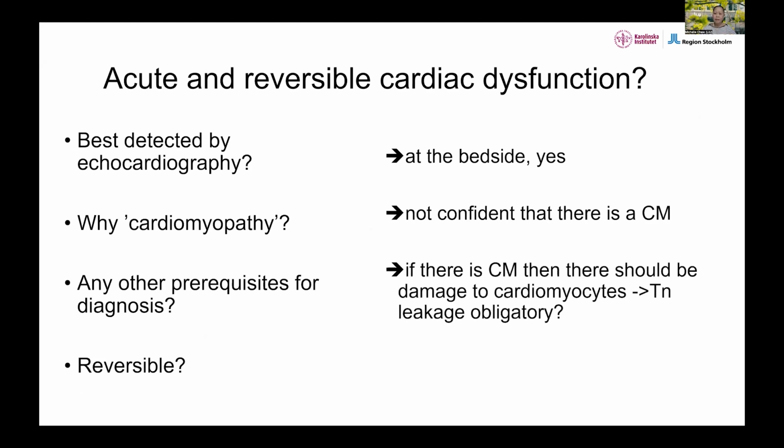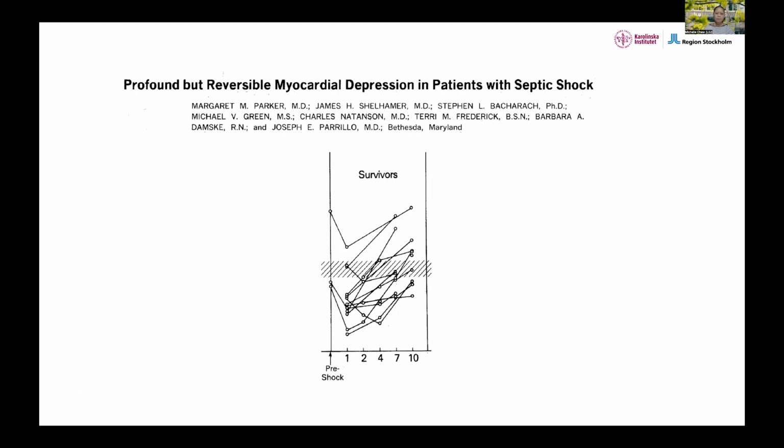But if we accept that there is a cardiomyopathy, then there should be damage to the cardiomyocytes, right? And if there is damage to the cardiomyocytes, then troponin leakage should be obligatory. And then finally, this concept of reversibility that we see again and again described in lectures and presentations and even in scientific papers. So let's discuss this.